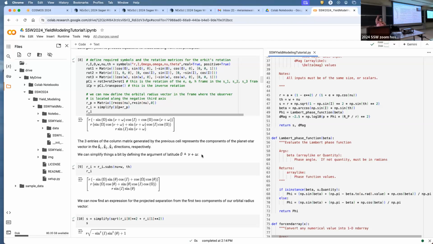Yes, we have another question in the back of the room. Have you gotten any of the cells in the tutorial to play correctly?